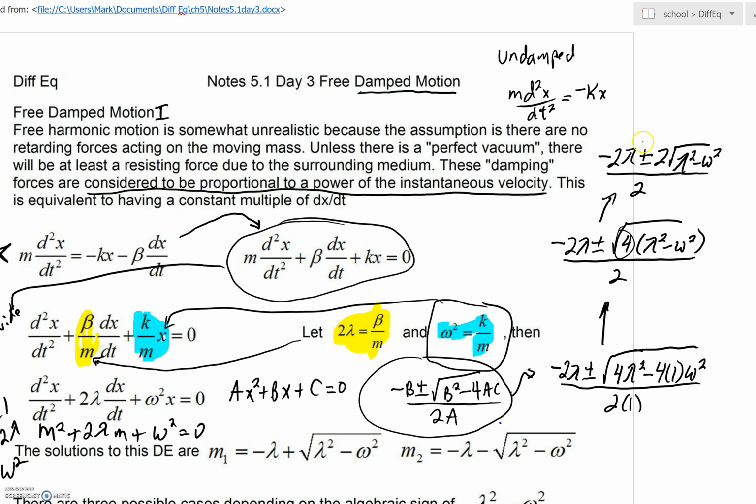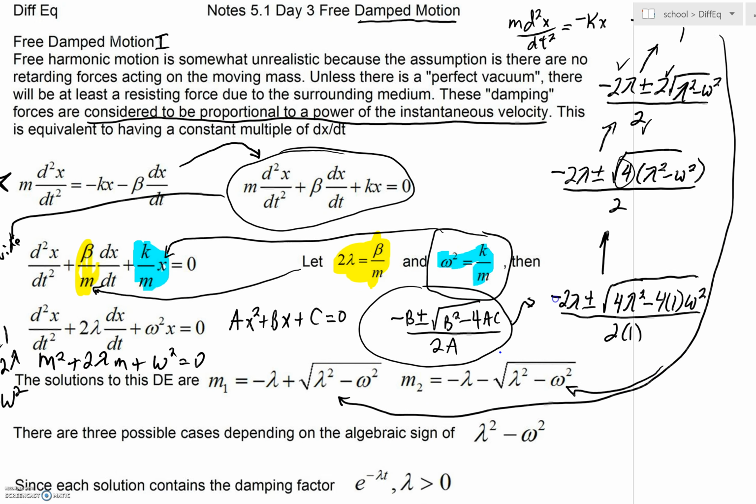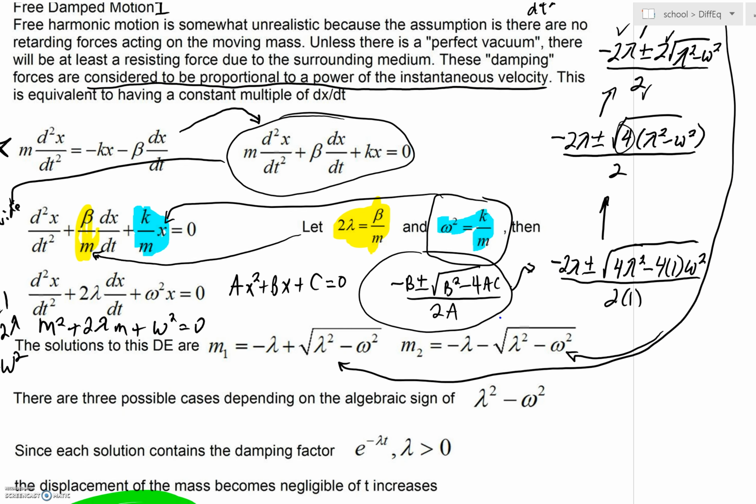And if we just divide out that 2 from all 3 parts, we'd be left with negative lambda plus or minus the square root of lambda squared minus omega squared, all over 1. We can now see our 2 characteristic solutions: negative lambda plus the square root of lambda squared minus omega squared, and negative lambda minus the square root of lambda squared minus omega squared.